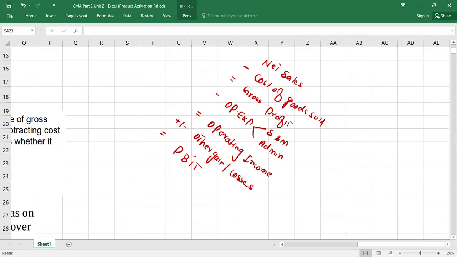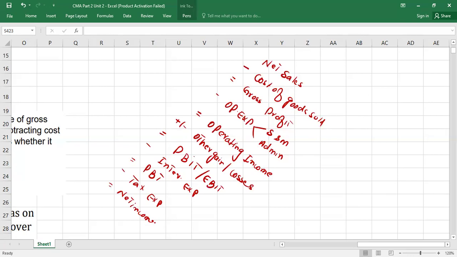Any word you can use, EBIT or PBIT. From there you deduct interest expense, and this is called your profit before tax. From there we deduct tax expense, and this is called your net income. This is the format of the income statement.